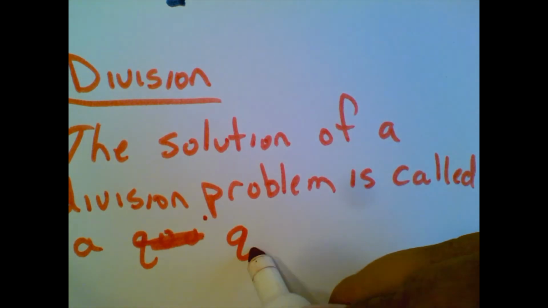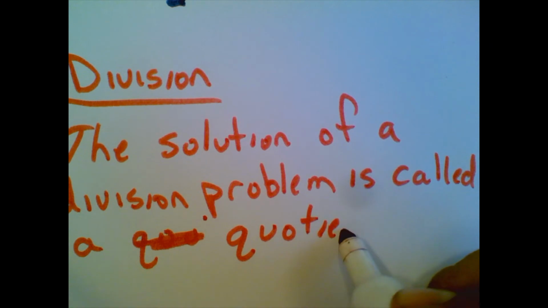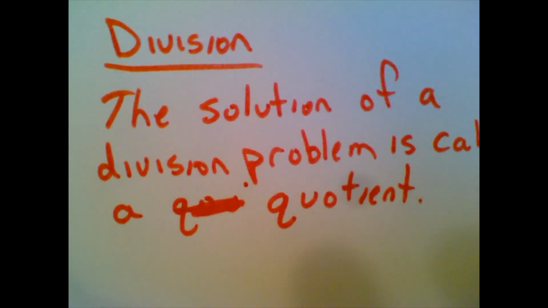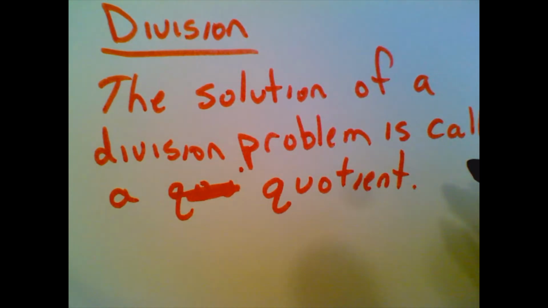Let's get the correct spelling, quotient. Okay? So in those word problems where you have to translate a phrase into a numerical expression or an algebraic expression, quotient tells you that it's going to be a division problem.